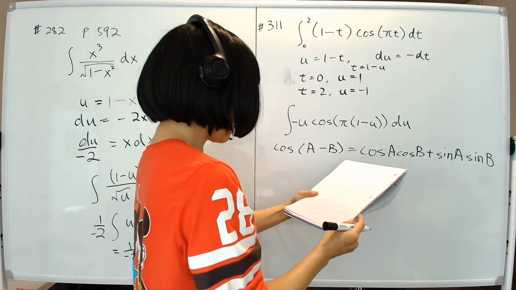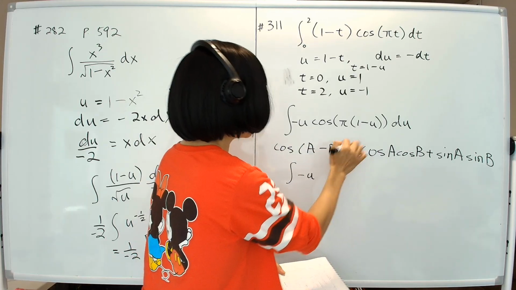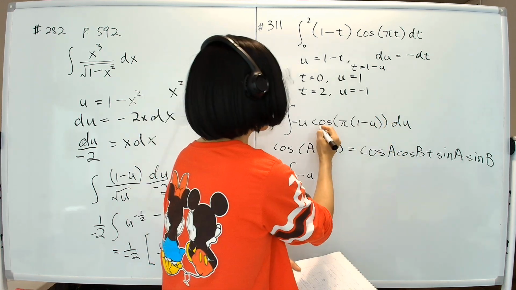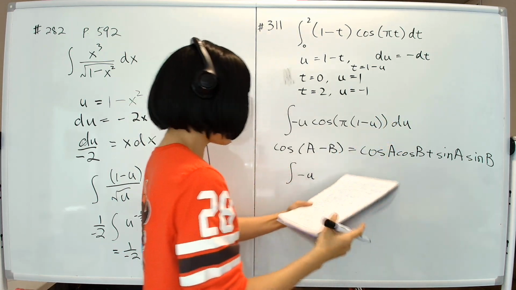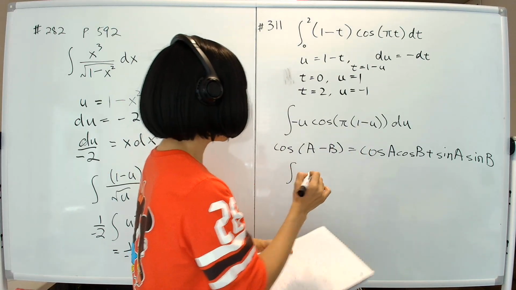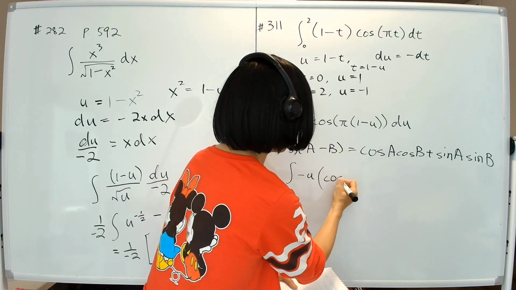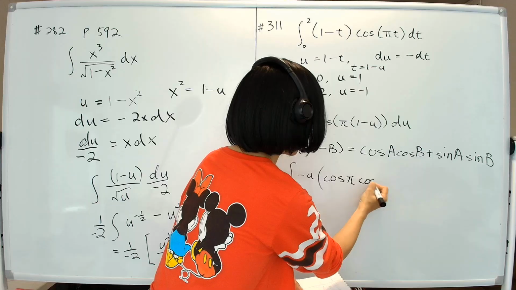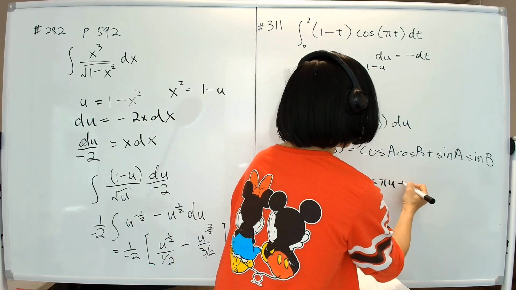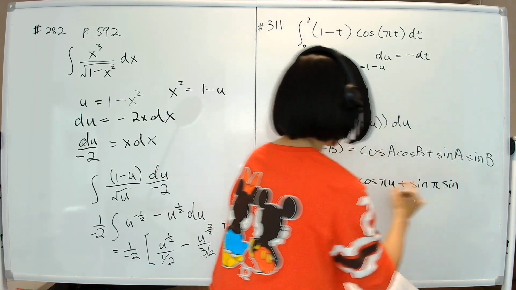All right, so knowing that, we have to apply that to this thing right here. Okay, so that equals minus u, and then we'll slap that on there, which becomes cosine a cosine b, which is cosine pi u, cosine a cosine b plus sine pi u.